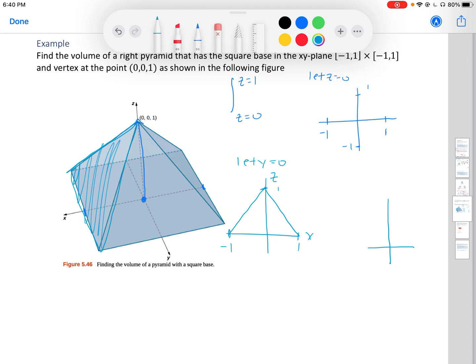Well, that makes it a bit easier to locate your values because we see that it's bounded between these equations. Y is 0, so we have x equal to 1 minus z.